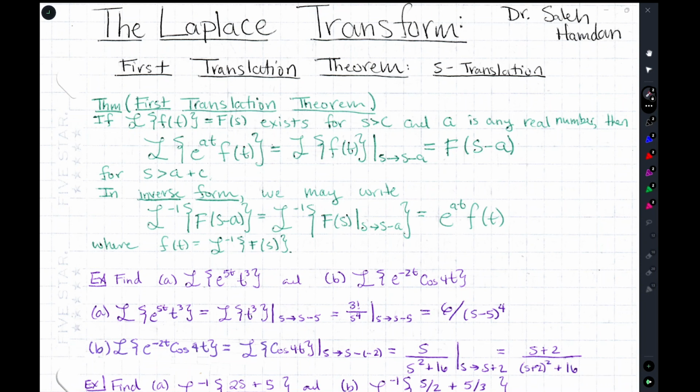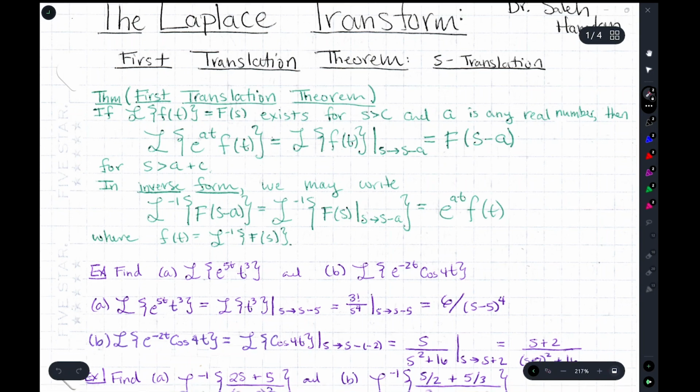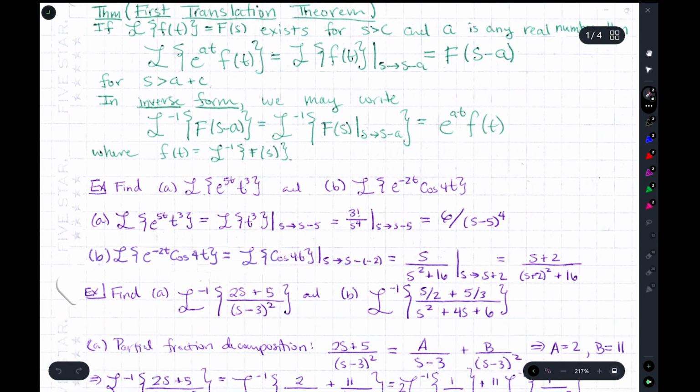So let's look at some examples. We want to compute the Laplace transform of this for a, and this for b. Okay, for a, we see we have that e to the 5t. Automatically, we could identify a here in the theorem as 5, and our function as t cubed, okay?